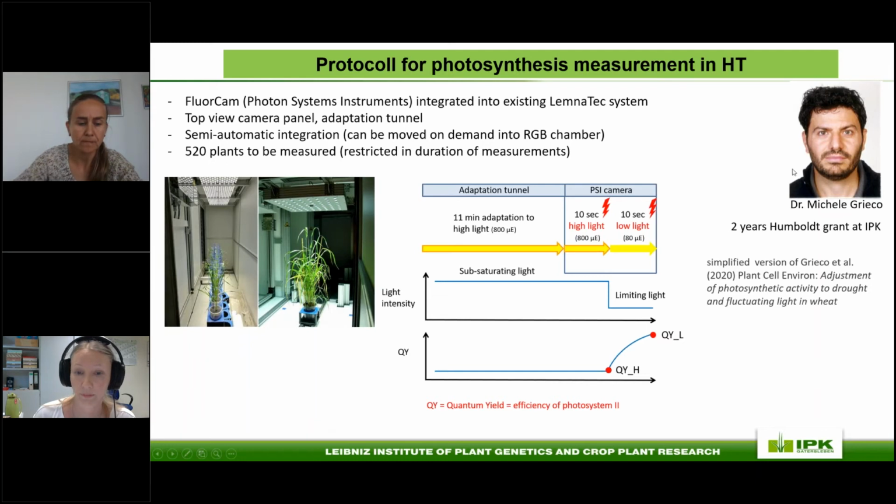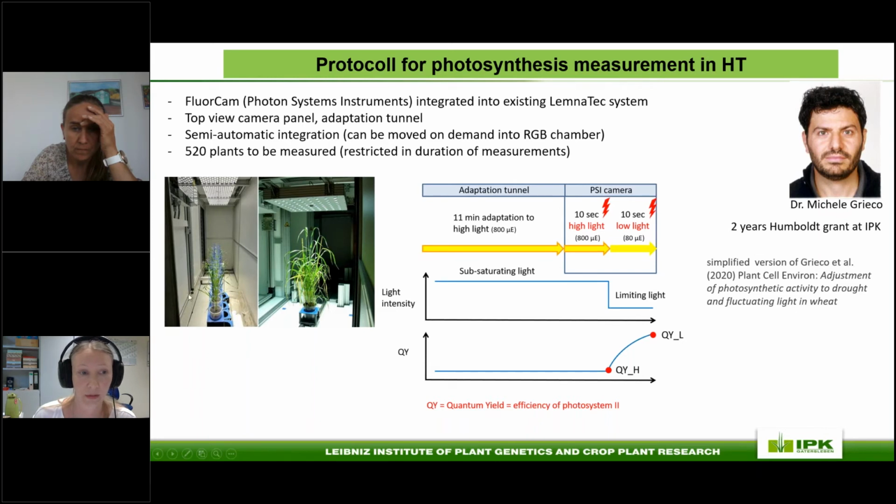And he was developing a measuring protocol, and he was basing this on one of his protocols, which he had developed already before, but which was much longer, of course, because he had also just a few plants to screen at this time. And then based on this knowledge, he tested and developed in the end a protocol which can be used for high throughput measurements.